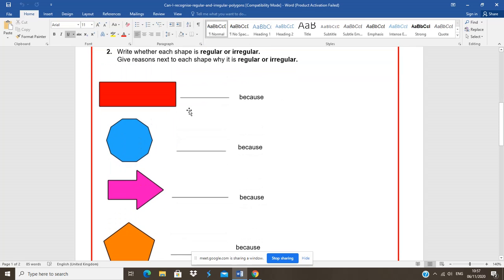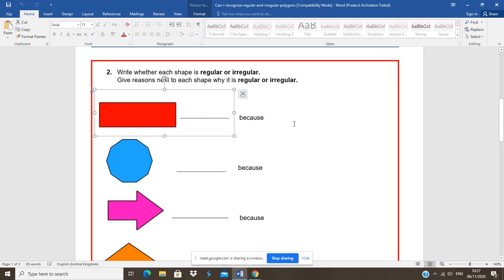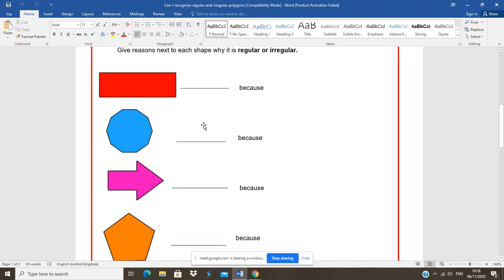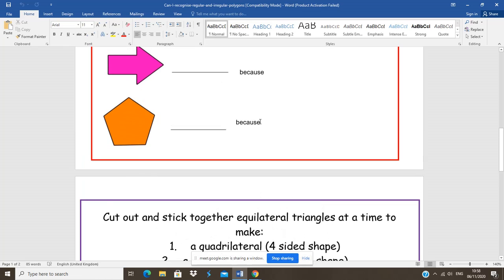Alright? Right here I have 4 more figures, okay? It says write whether each shape is regular or irregular and give reasons next to each shape why it is regular or irregular, okay? Alright, so let us do these 4 figures right here right now, and then we'll proceed to an activity that I want you guys to do.